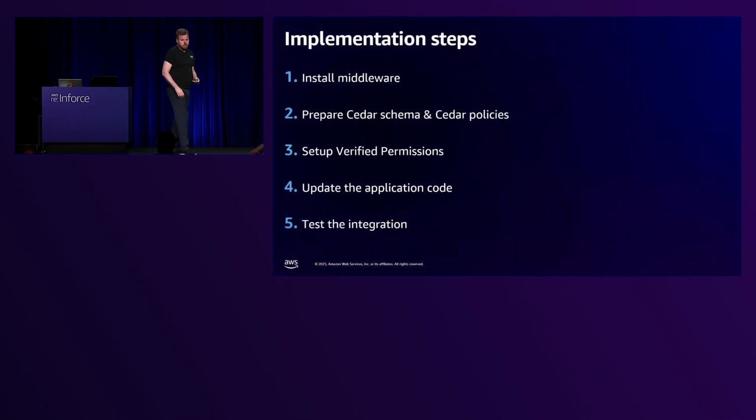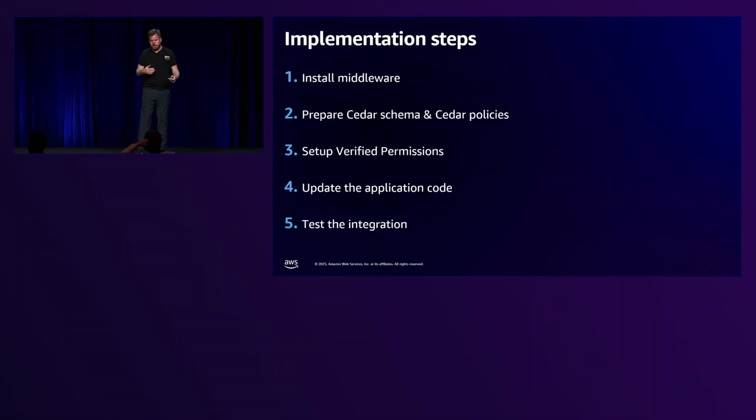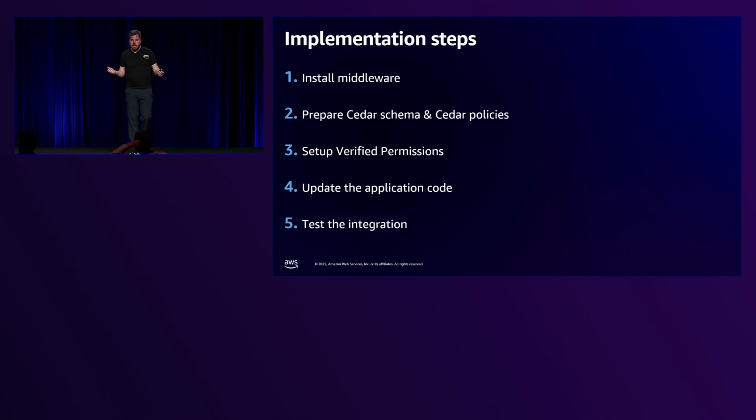If we then go forward and look at how to integrate the middleware into your application, there are a number of steps. First of all, ExpressJS is a very popular framework. It's one of the most popular frameworks that we see developers use, and it's only relevant that we start with it. In order to implement this, we have to, of course, install the middleware.